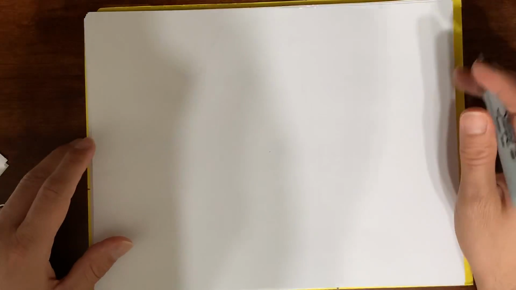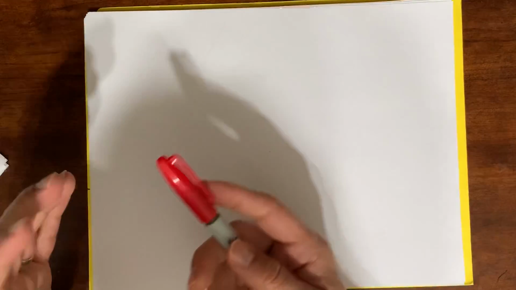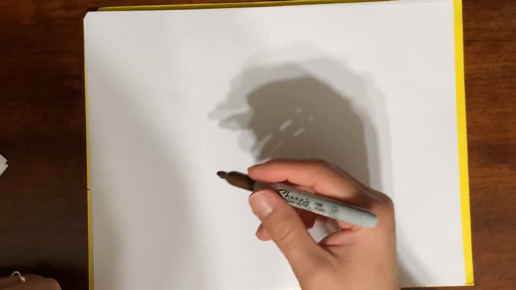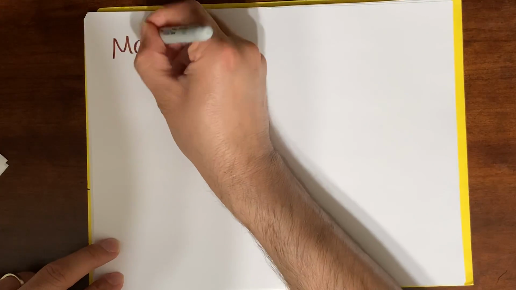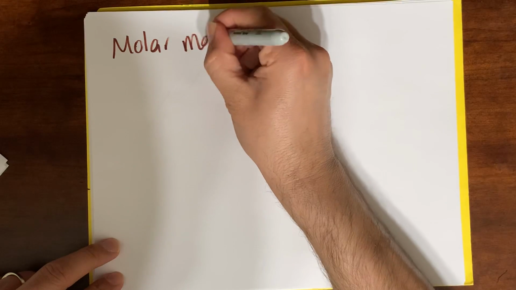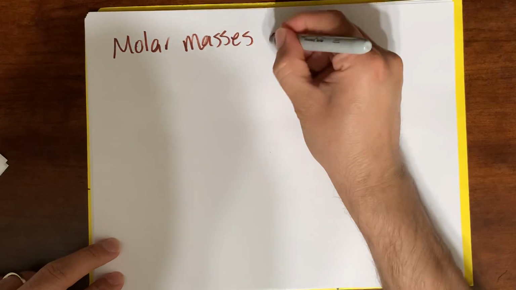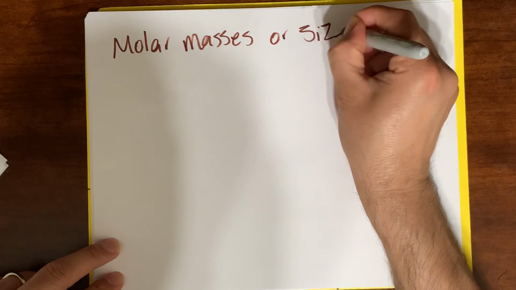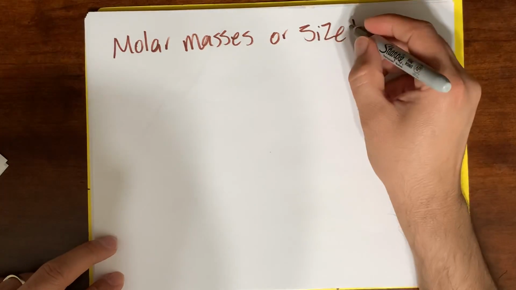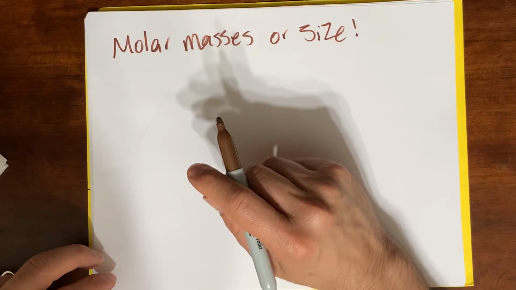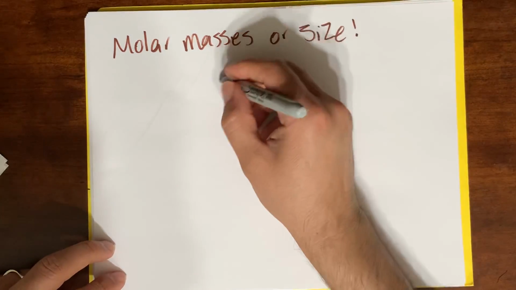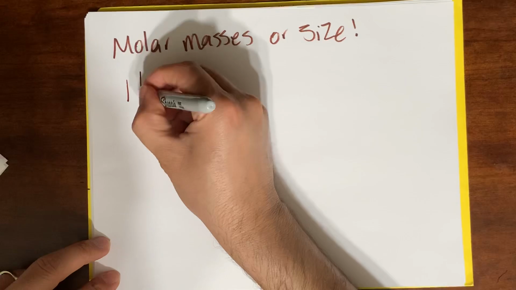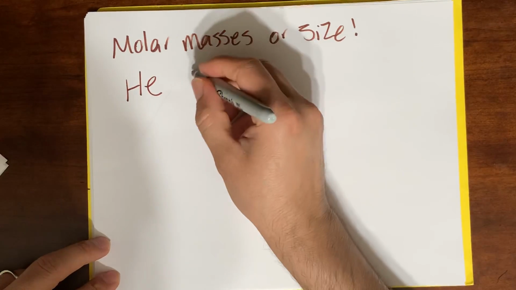And the next thing is, if you want to compare entropy of two molecules, look at their molar masses or size. Okay, let's say we have helium. I want to compare it with neon.